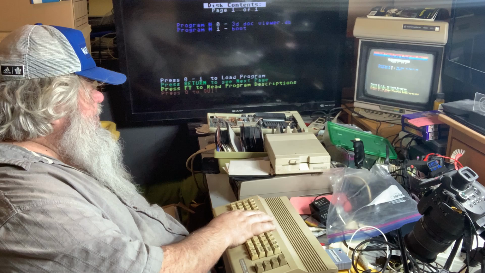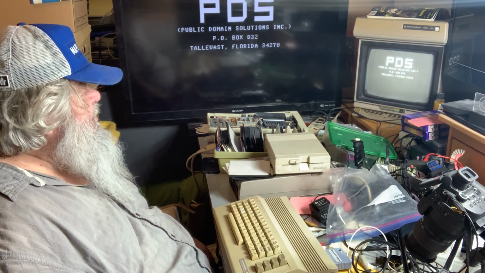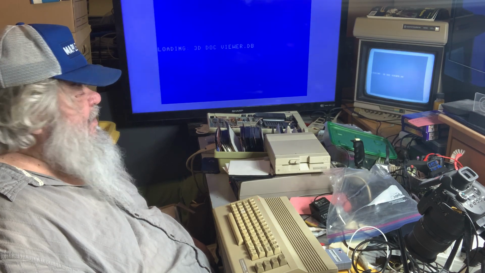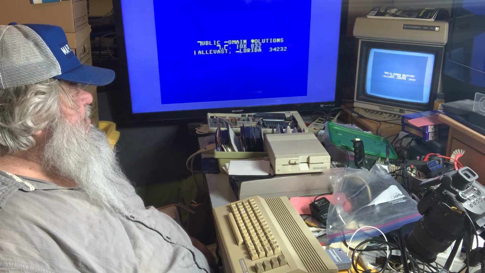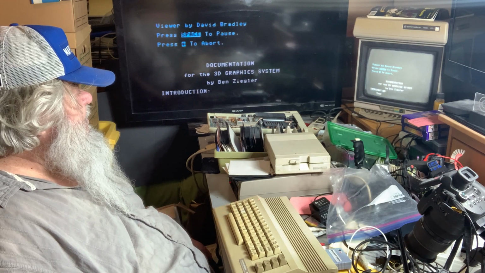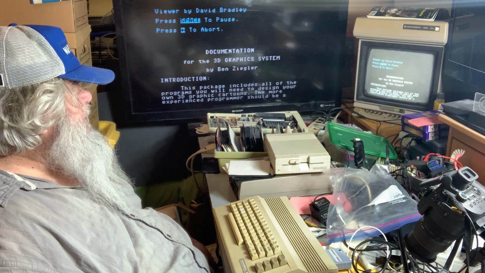Okay, 3D doc viewer. The reason, of course, this menu program goes back... Oh, viewer by David Bradley. Press the space bar to pause. Imagine.